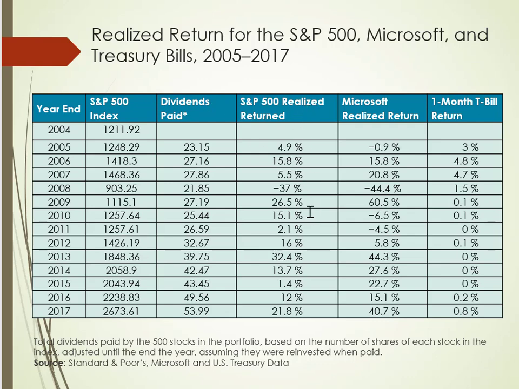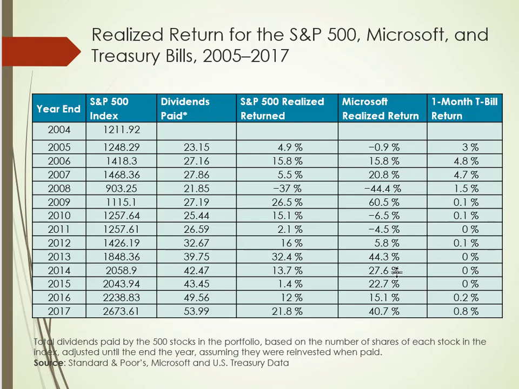So now we have an annualized return for the years 2005 through 2017. So we have annualized returns for the S&P 500, which includes dividends. We also have the realized returns for Microsoft and also for a 1-month T-bill.